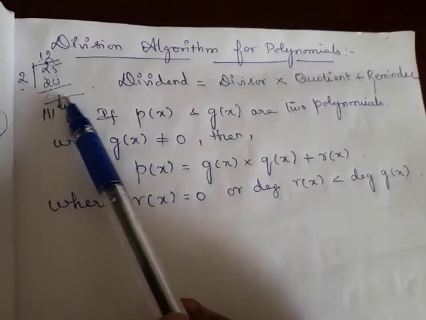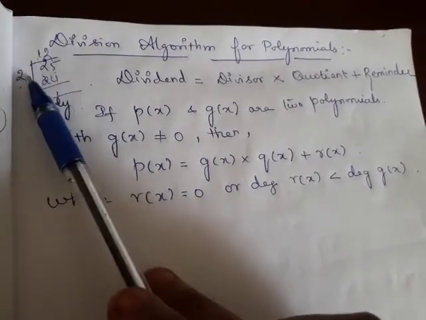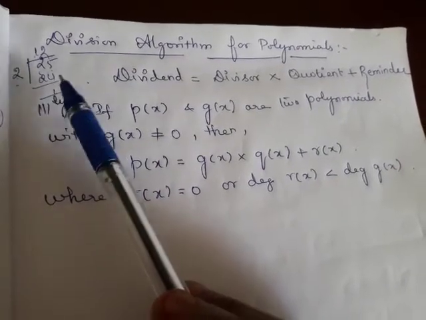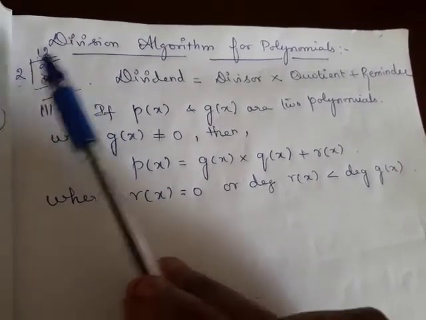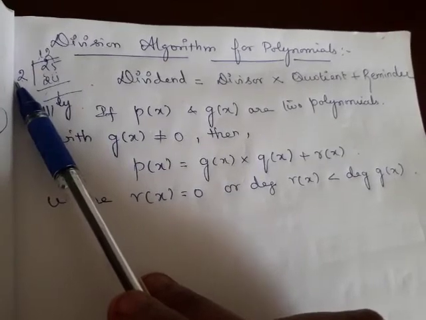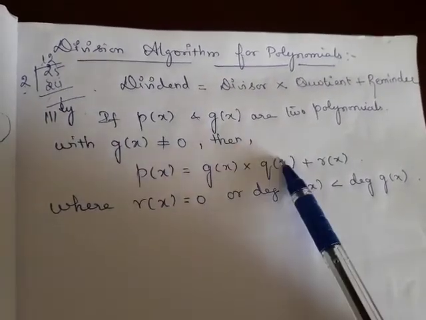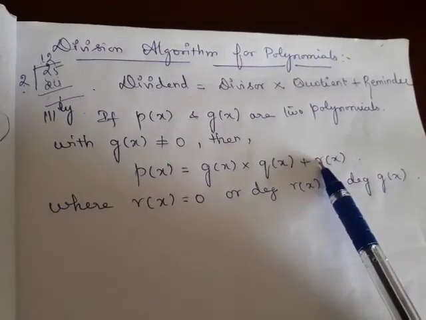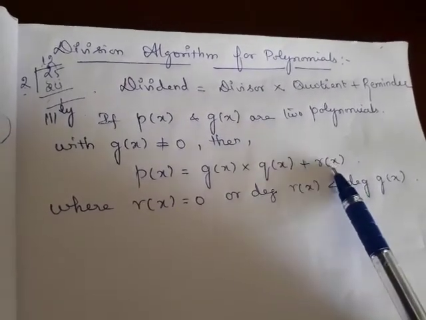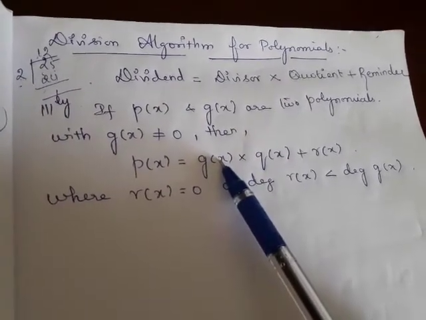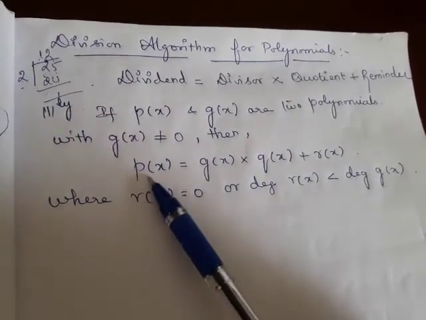So the degree of the remainder should not be more than the degree of the divisor. Either the remainder should be 0 or the degree of the remainder should be less than the degree of the divisor polynomial. So p of x is equal to g of x into q of x plus r of x. q of x is the quotient polynomial, r of x is the remainder polynomial, g of x is the divisor polynomial and p of x is the dividend polynomial.